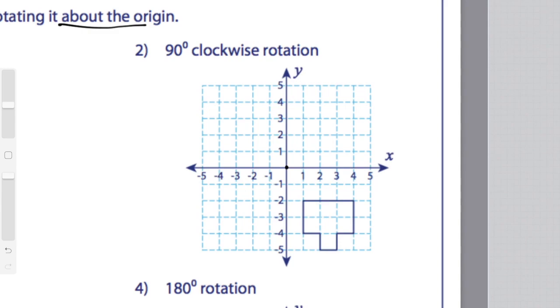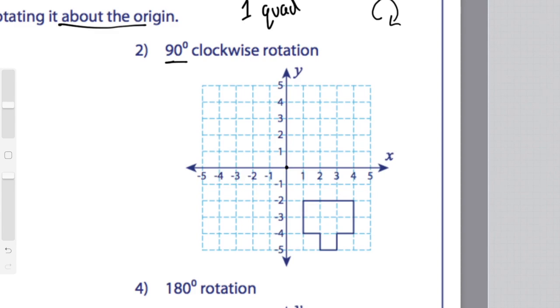The first thing I like to do is identify for myself which quadrant the shape is going to end up in. So, I know a clock goes around this way, so that's a clockwise direction. And I know that 90 degrees means it moves one quadrant.